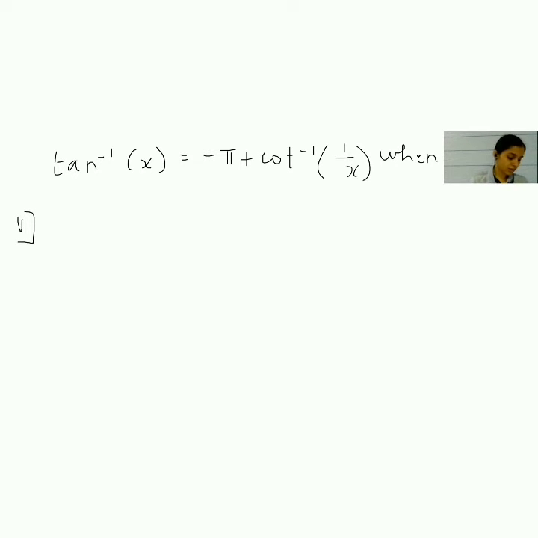So we have the negative function. If minus 1 is less than x less than 1, then sine inverse of minus x is equal to minus sine inverse x.